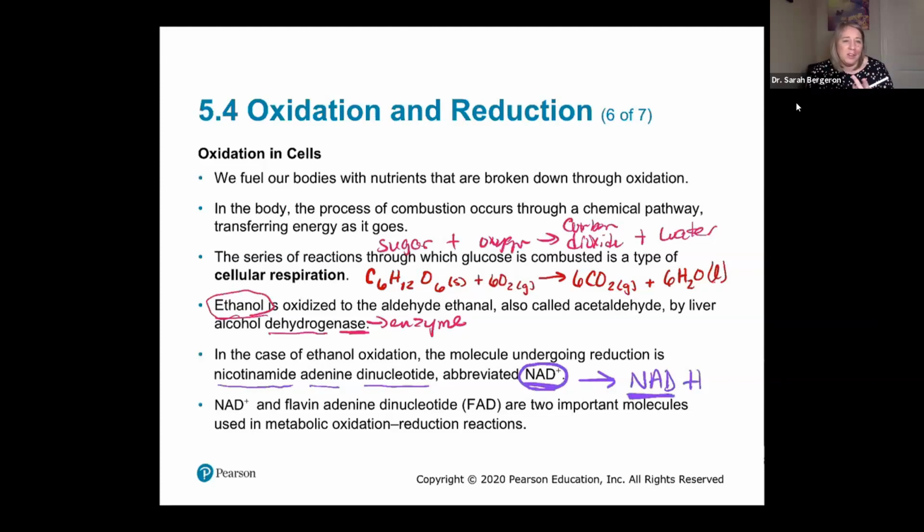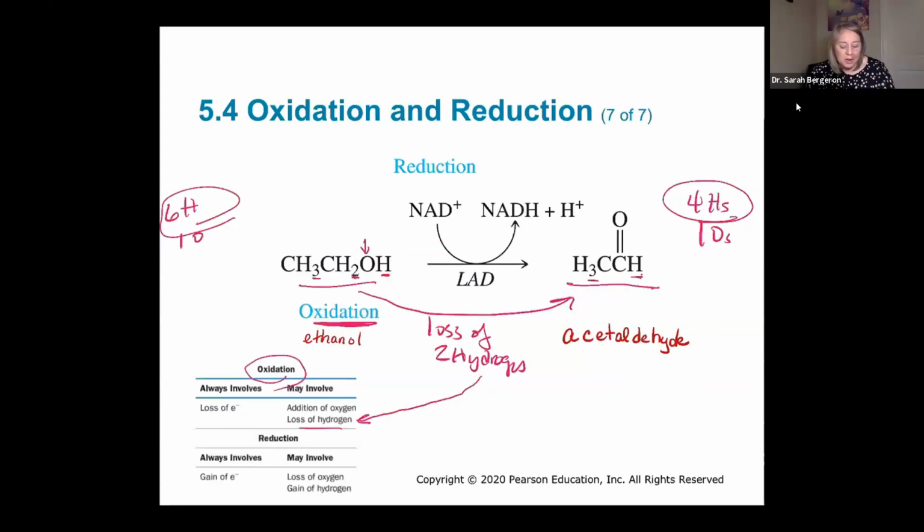All we do is change 1 hydrogen. And so rather than drawing out the whole thing, we use this little abbreviation, and then we just say, does it have a hydrogen or not? And so in the NAD+ form, we don't have the hydrogen. In NADH, we do have the hydrogen. So that's what we're showing here, that we start out with NAD+, and then we end up with NADH.